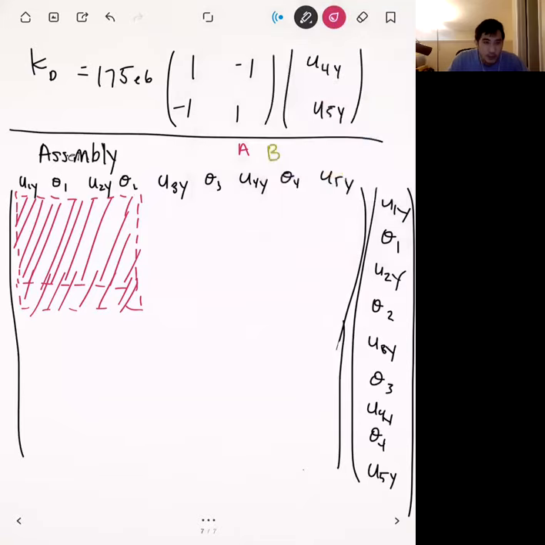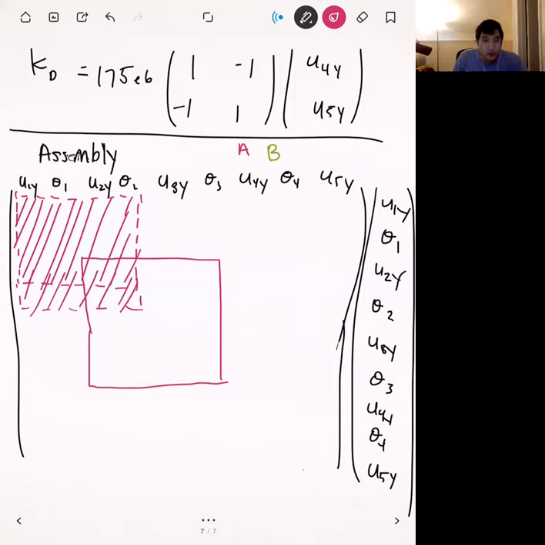Let's say that we just have this red pen right here, and now we want to fill in the spot for element B. We know that it's going to be here, right? It's going to encompass all the degrees of freedom for nodes 2 and 3. And so it's going to look like that.